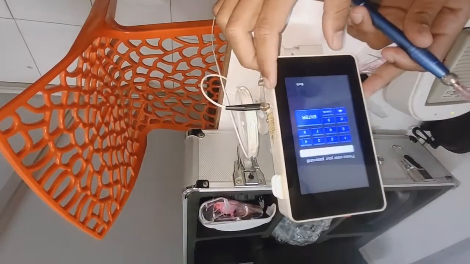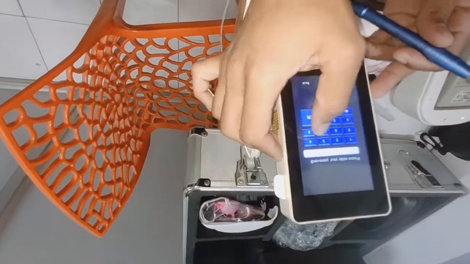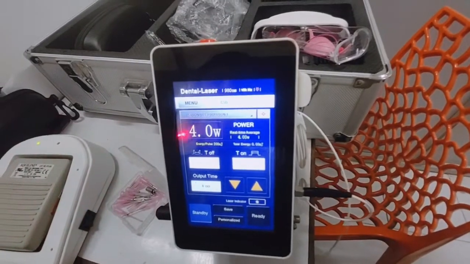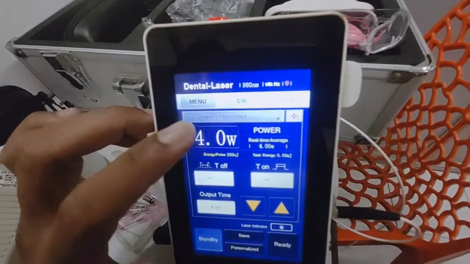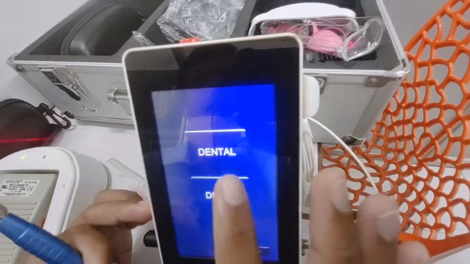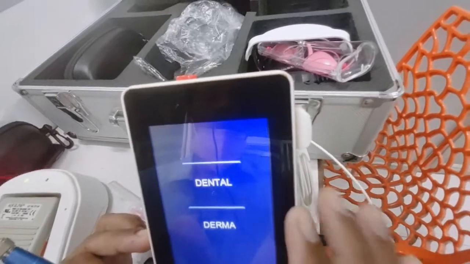This is the laser. This laser is used for both dental and derma.